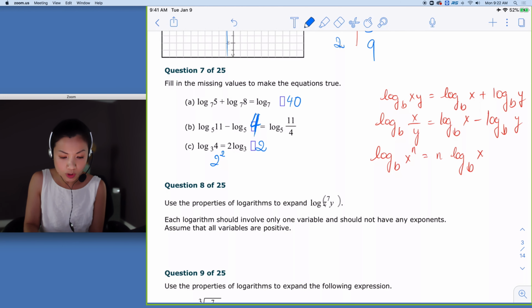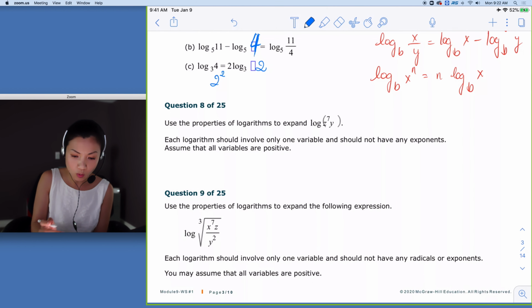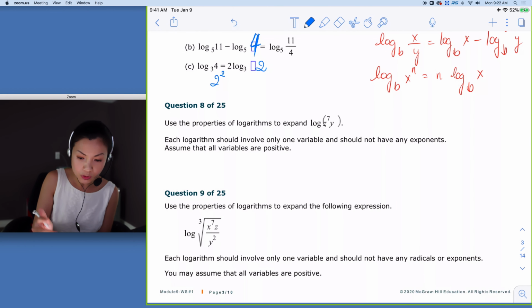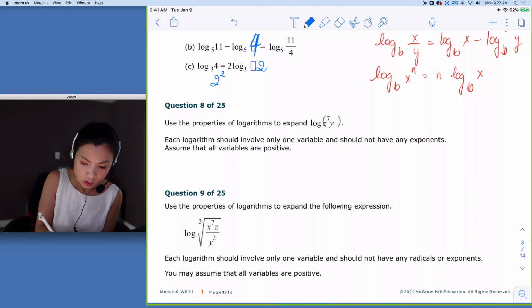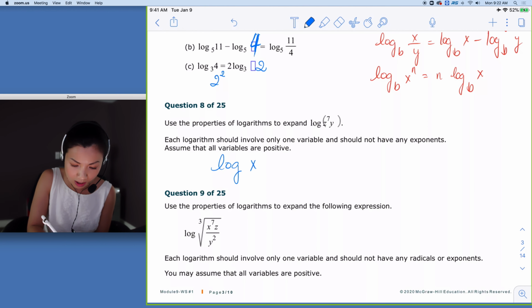Okay, now using the properties to expand it, what we want is to use the 3 properties. So what I have is going to be log of x, and because this is multiplication, we have log of x plus log of y.